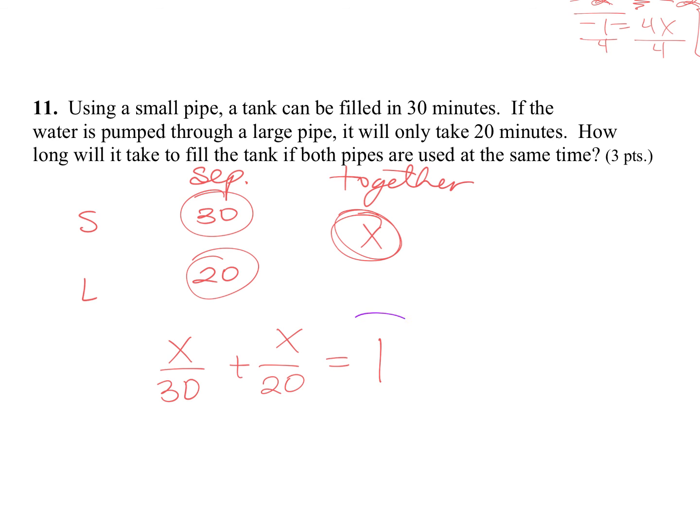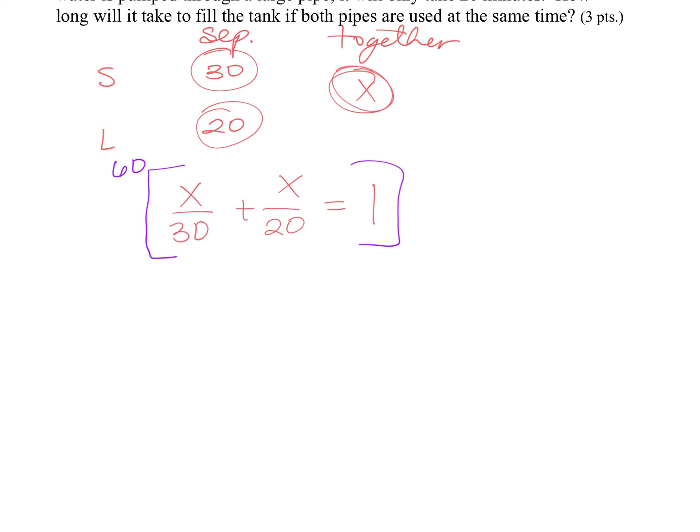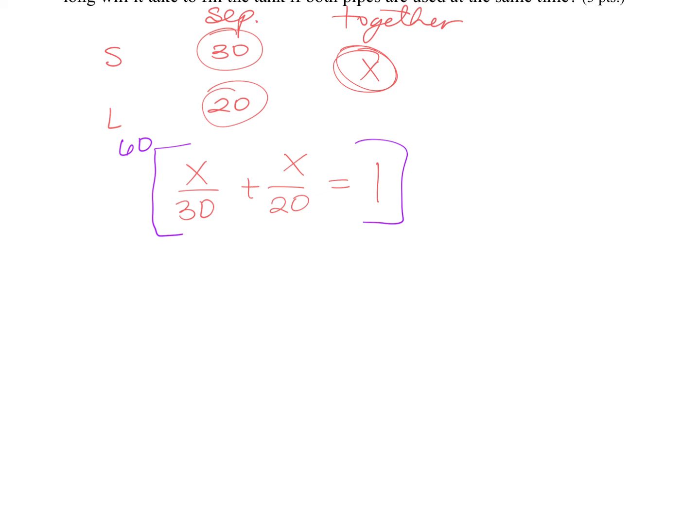What are we going to multiply everything by? 60 would work. 60 is a common denominator there that we can use. So we're going to say 60x over 30 plus 60x over 20 equals 60.